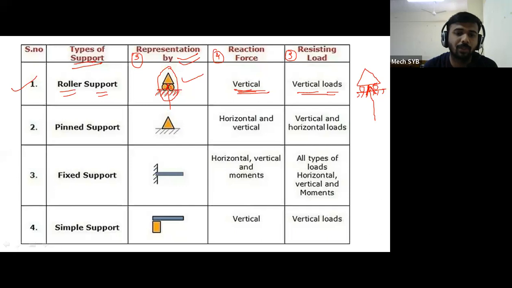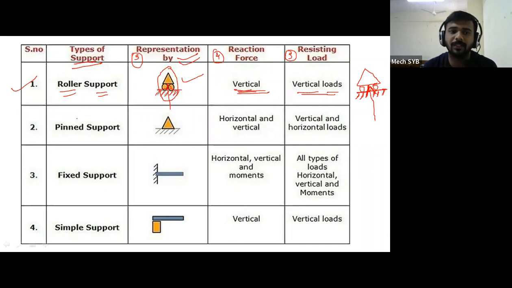These hatching lines, this fixed side, are totally horizontal, and on it, if you see the arrow, this arrow represents one vertical reaction, or one vertical load, and this vertical reaction is perpendicular to the surface. The horizontal surface of the roller support always has this reaction normal to it, which we also call perpendicular.